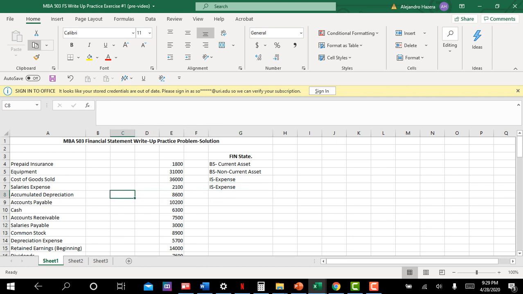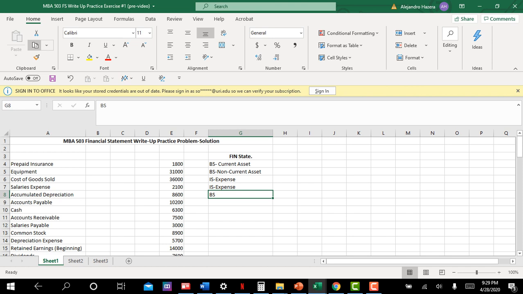Now we get to something called accumulated depreciation, and this is the first time I've mentioned it. It goes on the balance sheet. This accumulated depreciation is something that you're going to deduct from the book value of your long-term assets, and you'll see what I do with it. Basically, if you buy an asset, the depreciation accumulates over time.